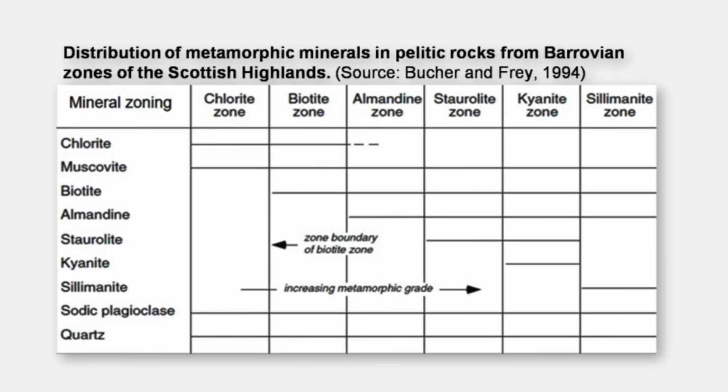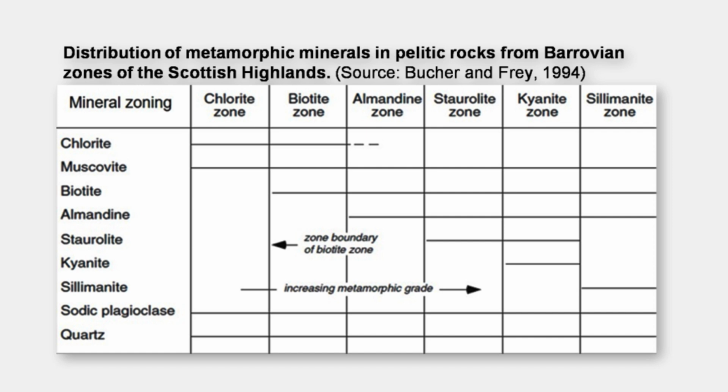The distribution of metamorphic minerals in pelitic rocks from Barrovian zones of the Scottish Highland are as follows. Mineral zoning: chlorite exists in chlorite zone and biotite zone. Muscovite exists in almost all the zones, right from chlorite zone to sillimanite zone. Then biotite exists in all zones except chlorite zone.